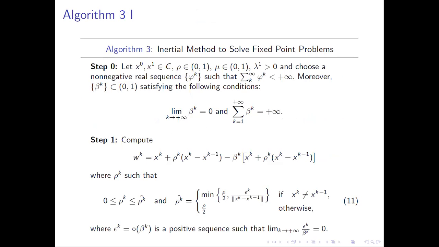Algorithm 3 is an inertial method to solve fixed point problems. In step 0, we choose inertial points and initial control parameters by taking this one. In step 1, compute the inertial step and the inertial factor update by equation 11.